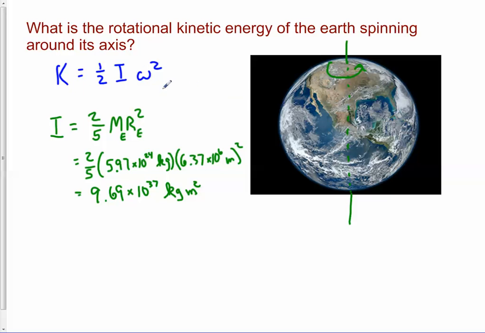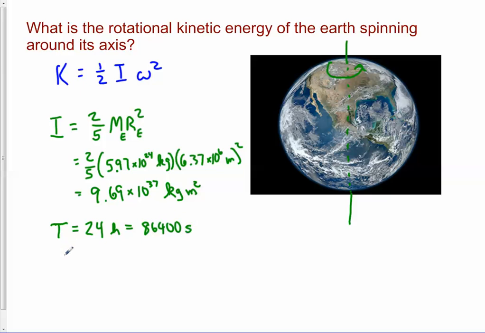Now we need omega as well. What all of us know without having to look anything up is the period. We know how long it takes for the Earth to rotate one time, and that's 24 hours, one day. 24 hours is 86,400 seconds.